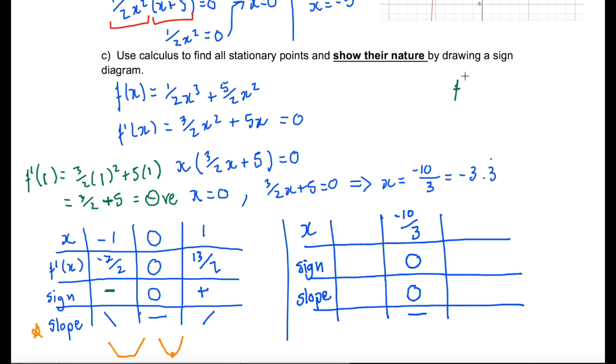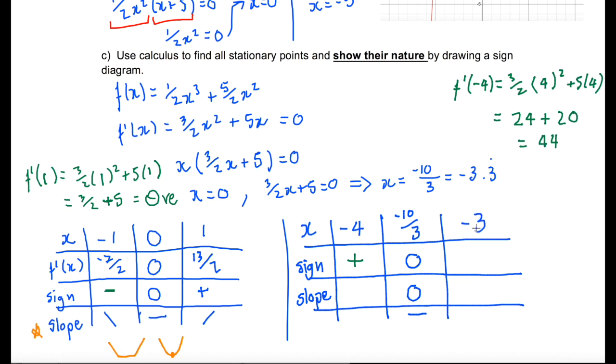So f dash of negative 4 is equal to 3 on 2 times negative 4 squared plus 5 times negative 4. Well, 4 squared is 16, 3 times 16 is 48, divided by 2 is 24, minus 20 is 4. Anyway, the point is that it's positive. The sign is positive. So this is at negative 4. And let's do negative 3 because that's to the right of this point.